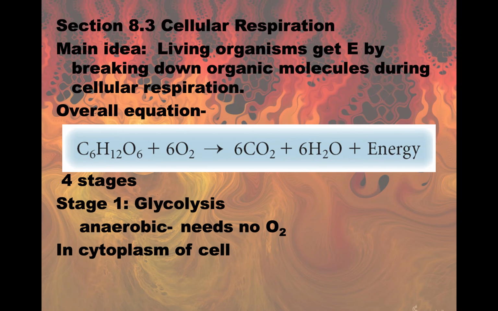They can't have any oxygen around. Oxygen is a poison to them. But glycolysis can occur in those organisms, which is the first part and liberates a little bit of energy. It's the first part of cellular respiration, because for glycolysis you don't need any oxygen at all.